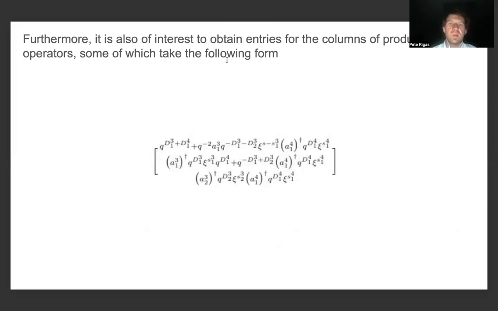Furthermore, it's also of interest to obtain entries for the columns of the products of L operators, others of which take the following form, in which we can look to vary the j or k parameter of the product of L operators. In this case, we can obtain very similar products, as given in this first row, q to the d31 plus d34, namely taking q and raising it to a superposition of two differential operators.